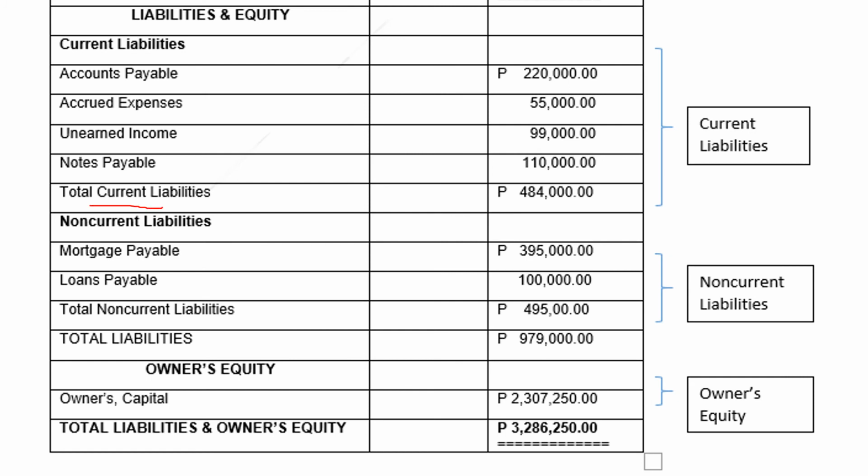Non-current liabilities, mortgage, loans payable, and then the total non-current liabilities plus total current liabilities, and then plus owner's capital. So we already have here, as I told you earlier, always double rule the liabilities and the owner's equity, so with the assets.